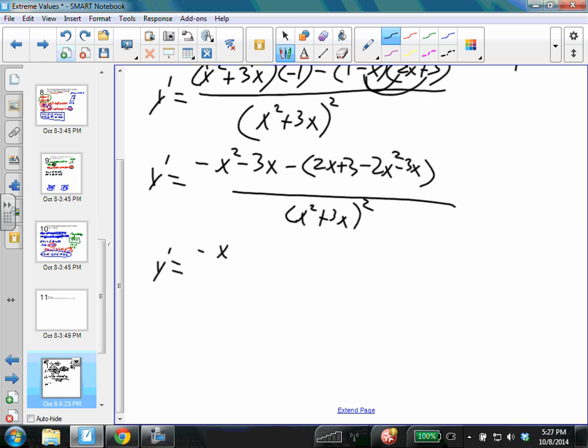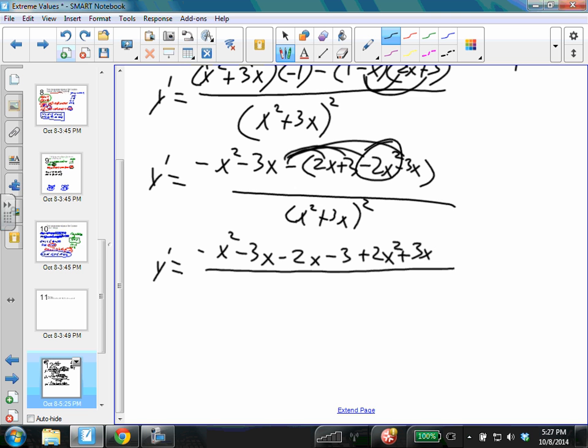So now the top is negative x squared minus 3x. And now I'm going to distribute this negative, right? So that becomes negative 2x, negative 3, positive 2x squared, and positive 3x all over x squared plus 3x squared.